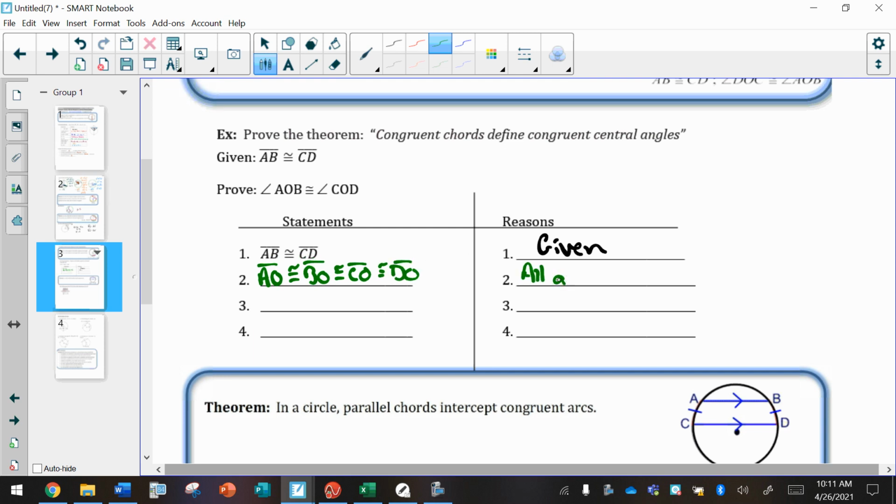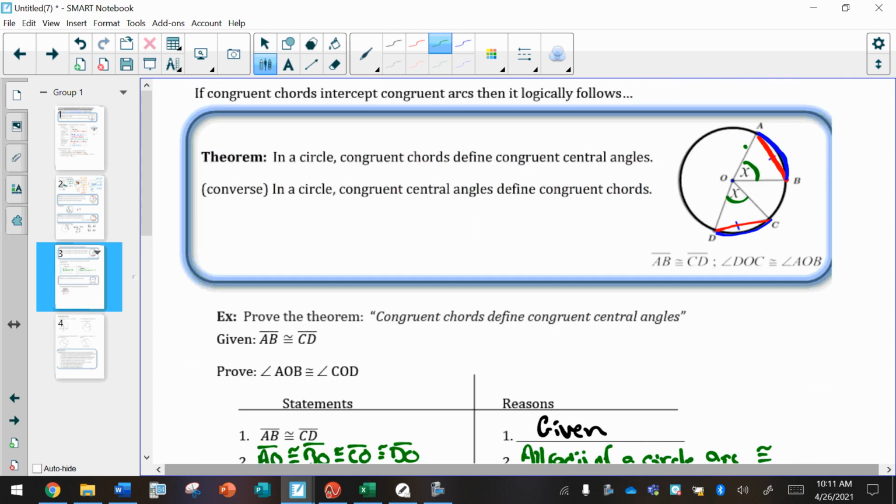All radii of a circle are congruent. So that gets me AO equal to BO equal to CO equal to DO.